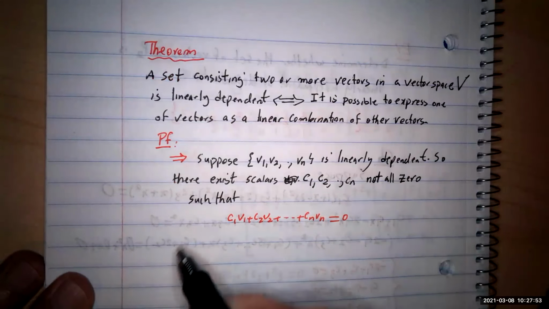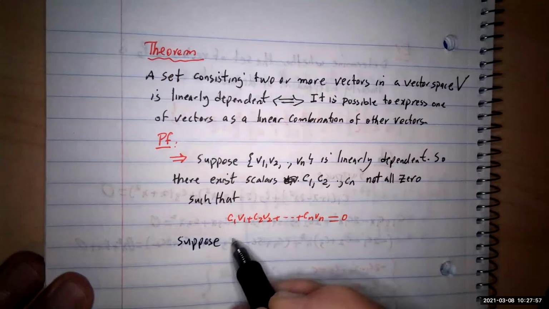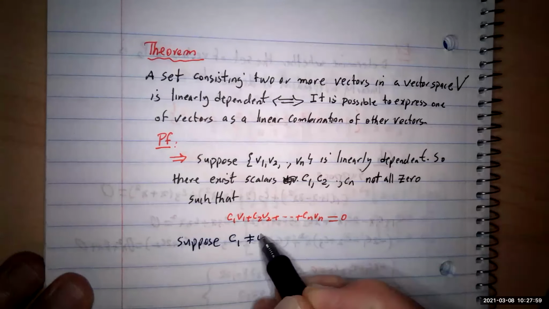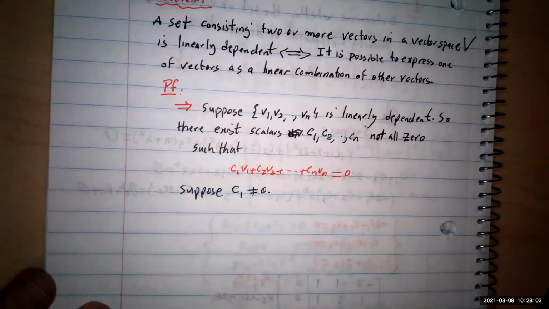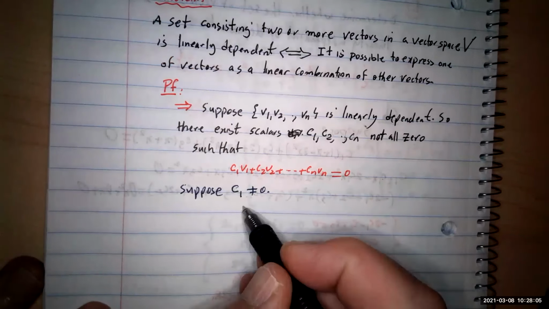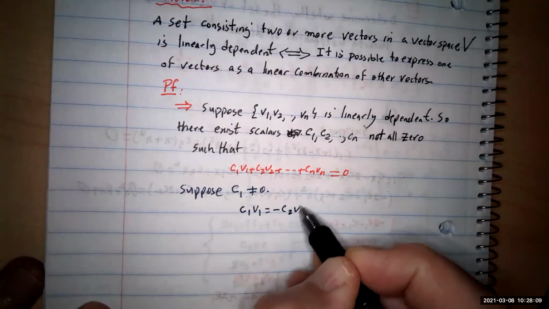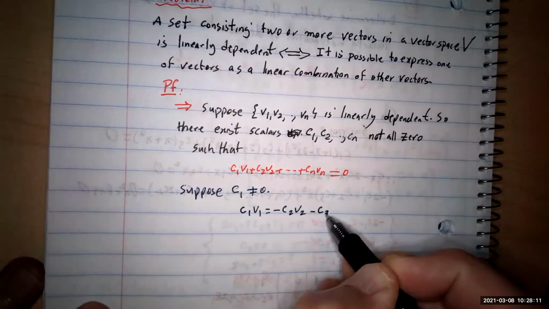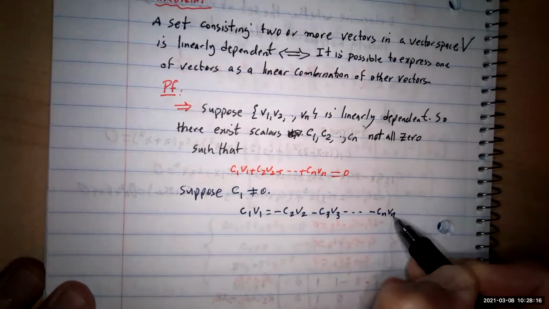Suppose that one is C1. Suppose C1 is not equal to zero. If C1 is not equal to zero, solve for V1 and then you're done. So C1 V1 is equal to negative C2 V2 minus C3 V3 up to Cn Vn.